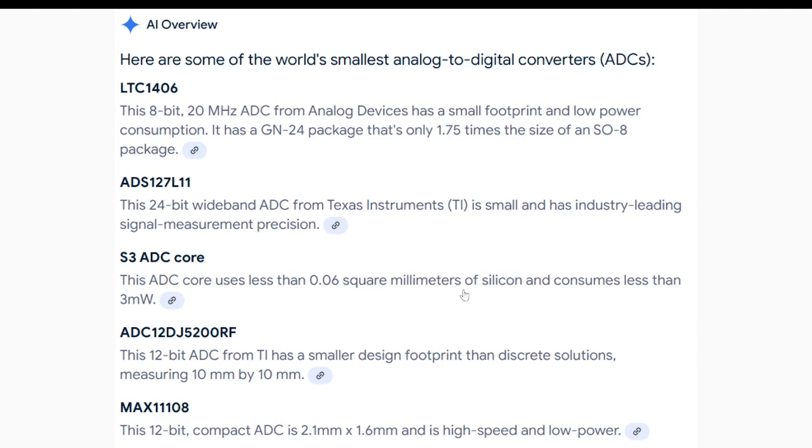This is also from TI. And this is from Maxim. Maxim is also a very big company. This last one, I don't know which company this ADC is from, but anyhow. As you can see here, Maxim, TI, and ADI are very popular big companies manufacturing ICs.